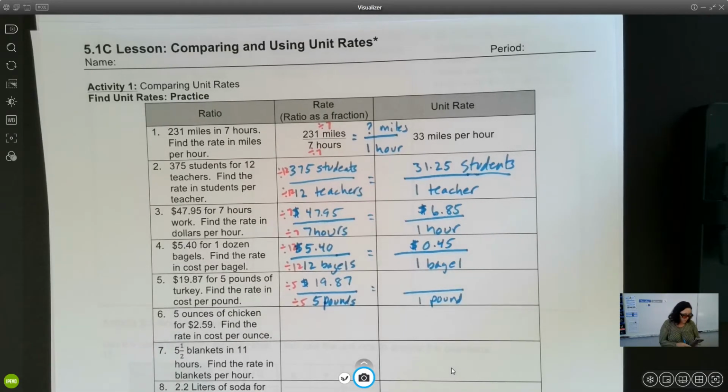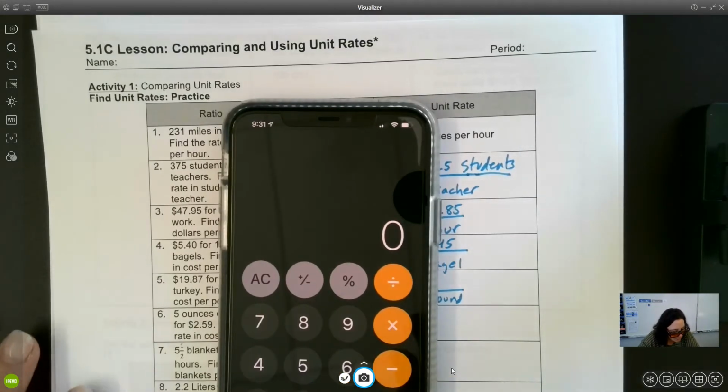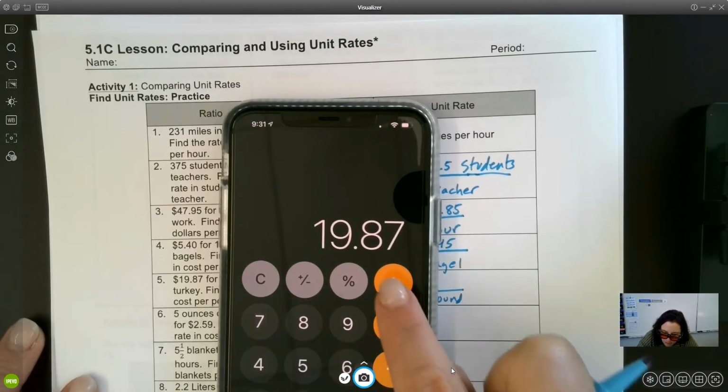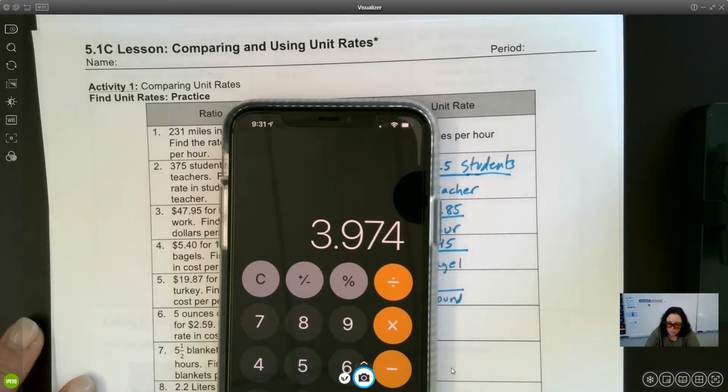Let me get my calculator up and running. I'm going to pop in 19.87 divided by 5. 3.974. Now in money, we don't write money like that.